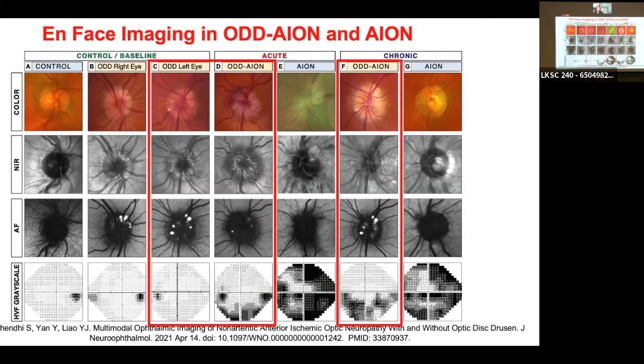And then comparing the before, the during, and the after, you could see the appearance of pallor in column F after ischemic optic neuropathy. The resolution of that raised appearance of the optic disc.